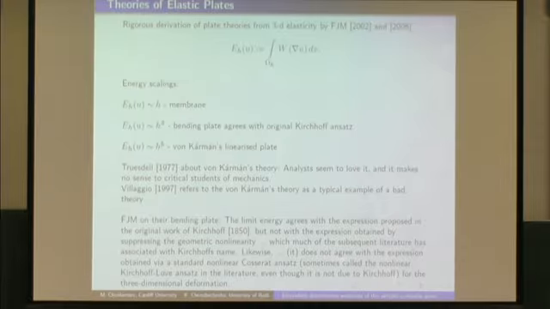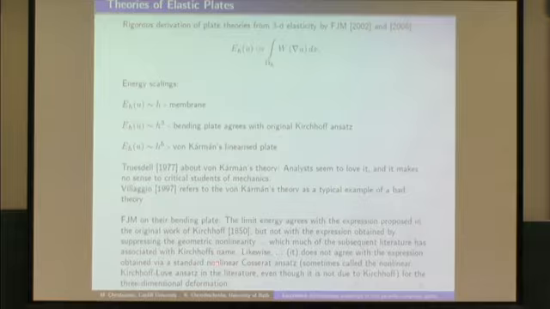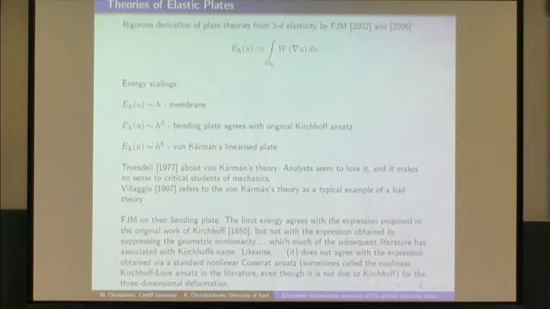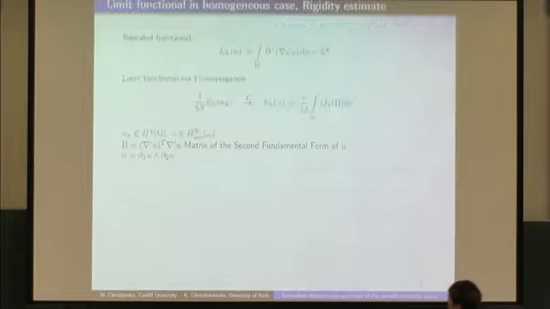Likewise, their theory does not agree with the expression obtained via a standard nonlinear Cosserat ansatz, sometimes called the nonlinear Kirchhoff-Love ansatz in the literature, even though it's not due to Kirchhoff, for the three-dimensional deformation. So it shows us how important this study is and how controversial heuristic plate theories were by that time.